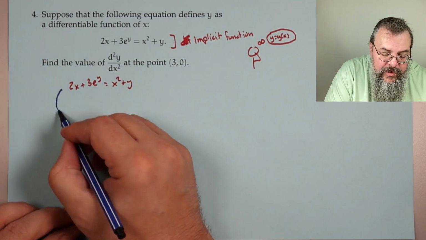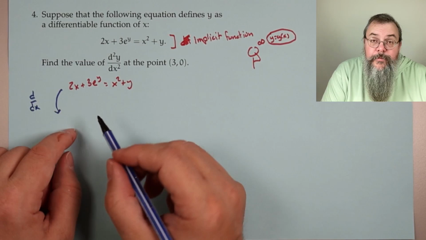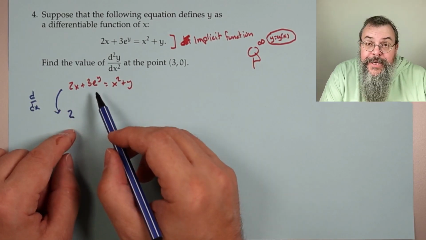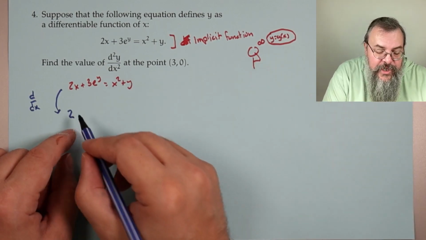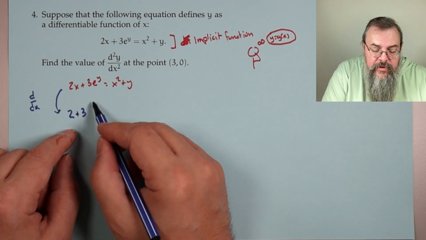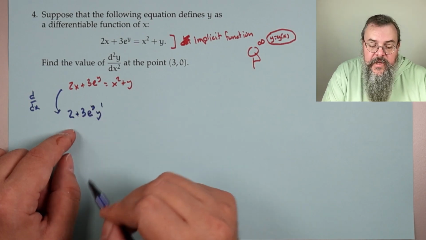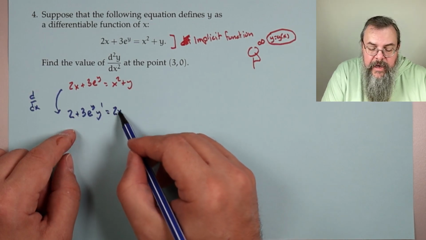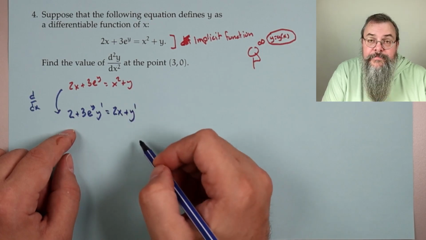So we're going to take d dx. Derivative of 2x with respect to x, 2. Derivative of 3e to the y with respect to x. So remember, y is a function of x. Got to pull out the chain rule. So we'll have 3, derivative of e to something is e to that something times the derivative of that something, which is y prime. All right, derivative of x squared, well, that's 2x. Derivative of y is y prime.